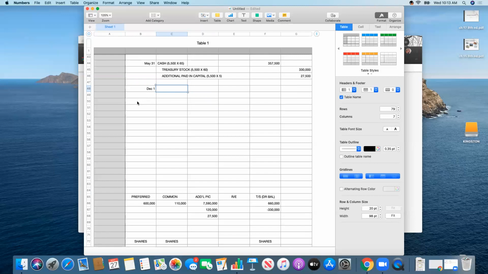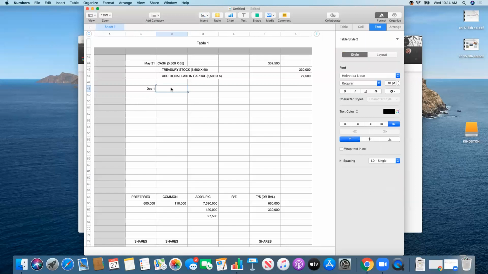So they have you do this as one transaction. Now you may, on a piece of scrap paper, do this as two entries. When you do it on Connect, they're looking for one number, right? But let me do it this way.